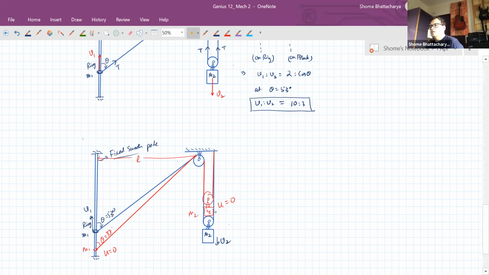So we have to understand how much vertical displacement this one has had and how much vertically upward displacement this one has had.